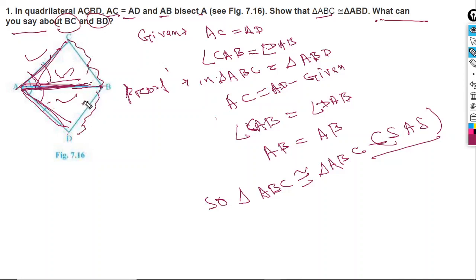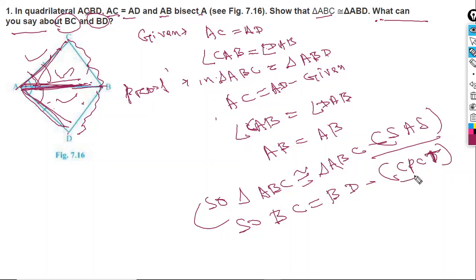BC and BD will be equal. So you can write BC equal to BD. Why? Give reason. CPCT, that means corresponding parts of congruent triangles. So hence proved. We have solved question number 1.